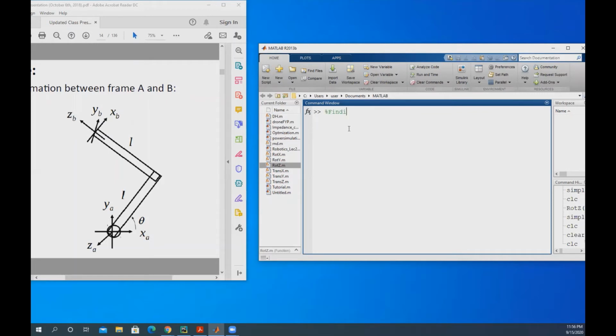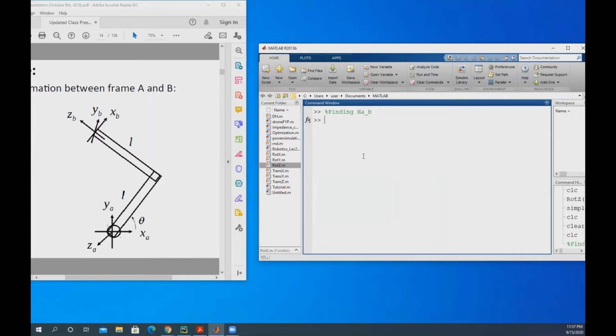So here we are finding H from A to B, the homogeneous transformation between frame A and frame B. If you have a vector in frame B, you simply multiply it by this homogeneous transformation, and then you get the coordinates of the tip of that vector in the base frame, or frame A. So how do we do that?